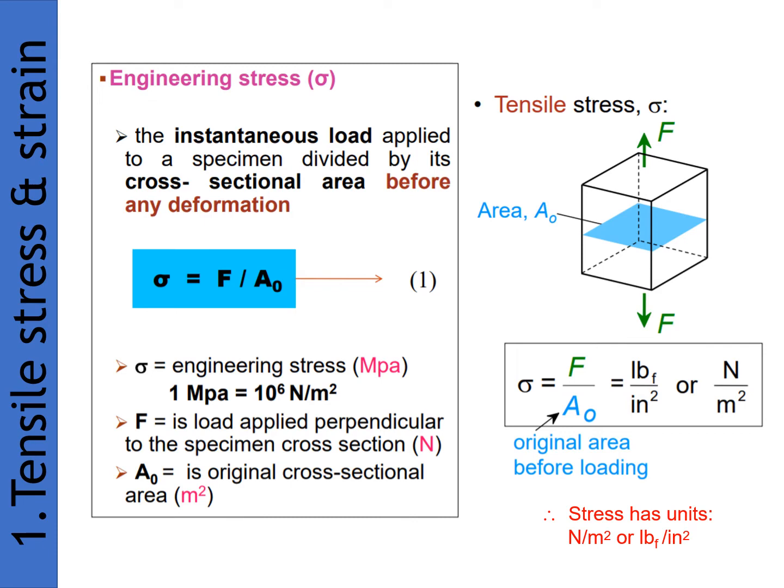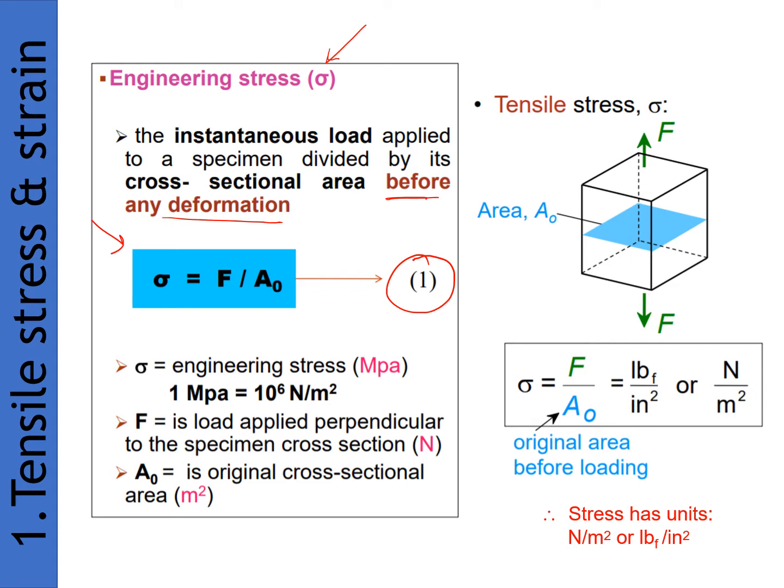The engineering stress, symbol sigma, is defined according to the instantaneous load applied to the specimen divided by its cross-sectional area before any deformation occurred. This is the common formula: sigma, which is the stress, equals the force applied over the area, noted as equation number 1.